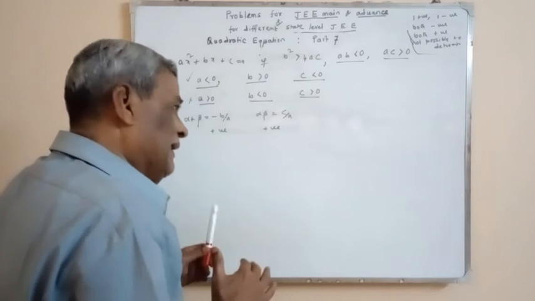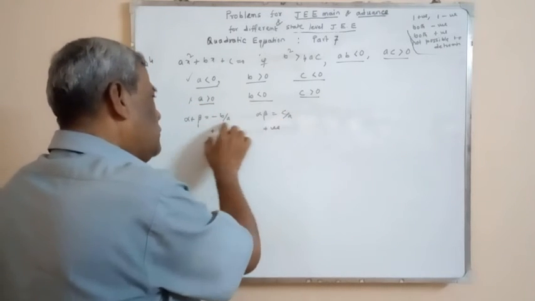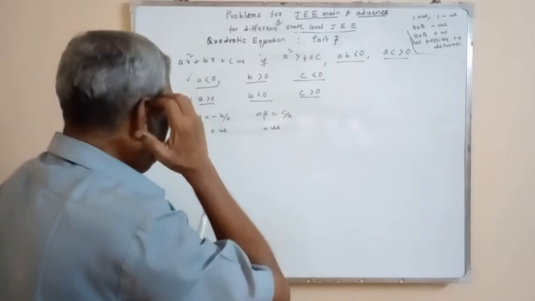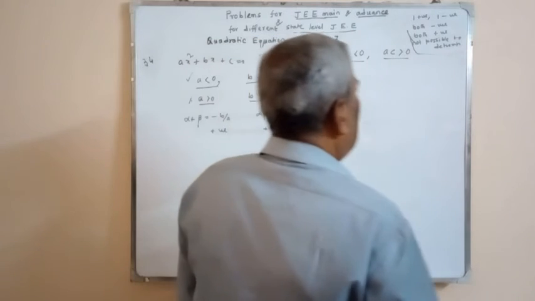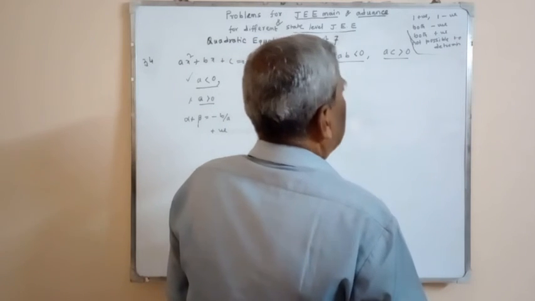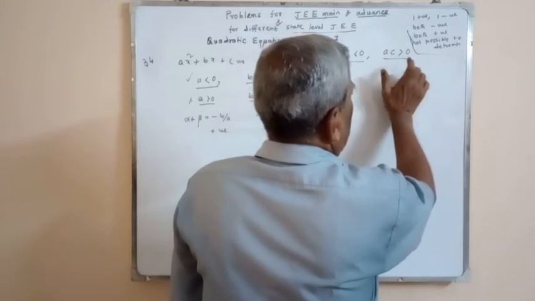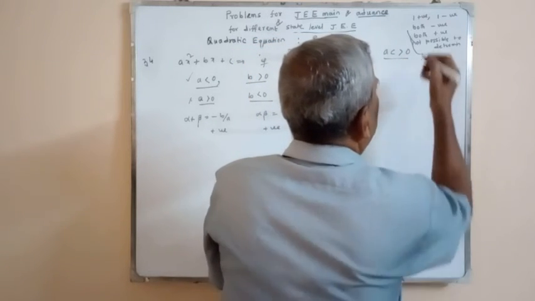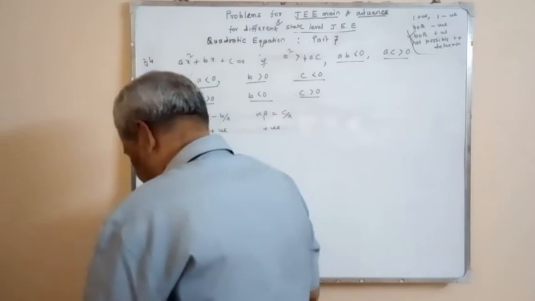So again, if A is positive, then also both roots are positive. So in that case, the conclusion is both roots are positive. So option C is correct.